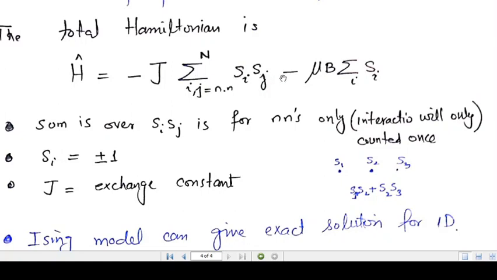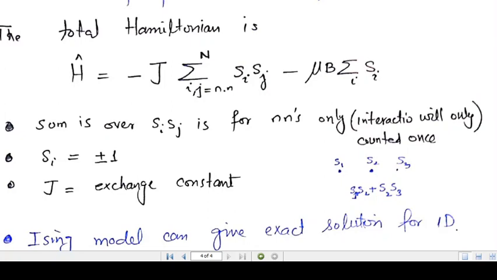Whenever there is no applied external magnetic field, this term will be zero. But whenever there is a magnetic field applied, then you have to consider the interaction of each spin with the external magnetic field, and add it to find the Hamiltonian of the system.